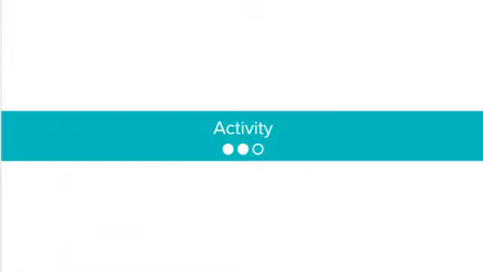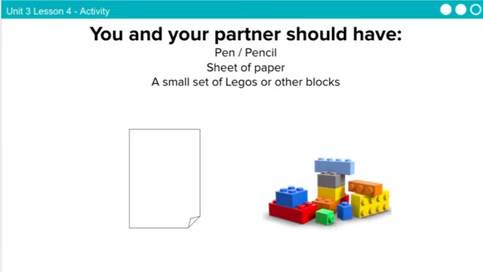So you would be in groups of 2, but you're going to do this by yourself. You're going to be given some paper cutouts, because I don't have enough Legos to give to everybody.